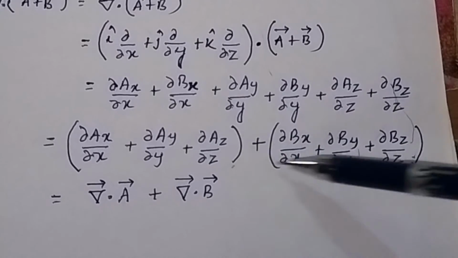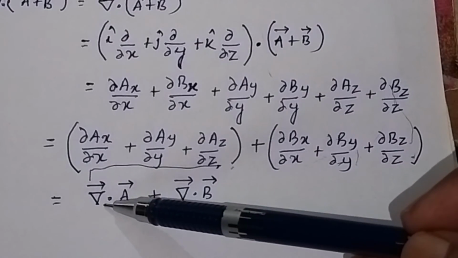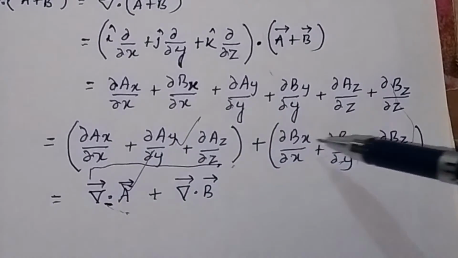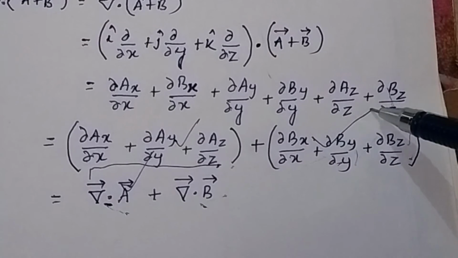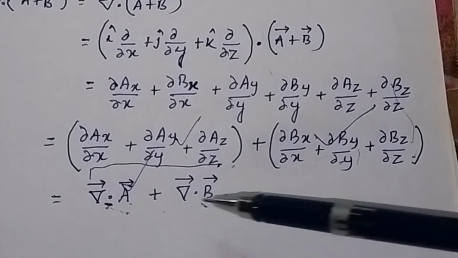After rearranging the terms, this one is del dot a, and this one is del dot b. So this will be equal to del dot a plus del dot b.